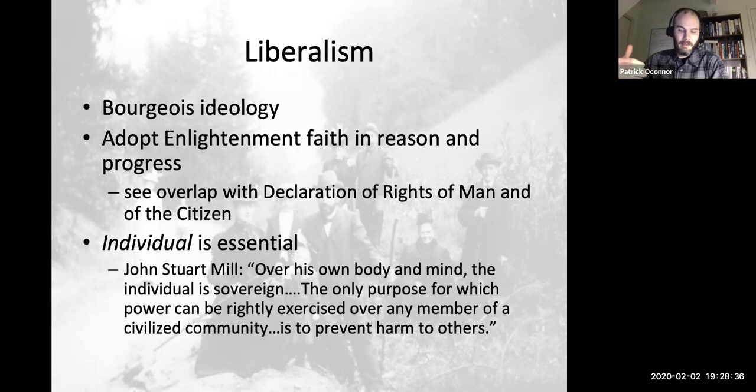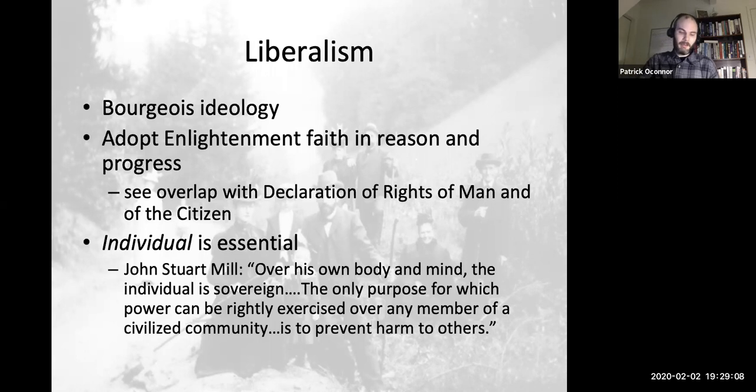As it is, liberals are the ones who sort of perpetuate the ideals of 1789 into the 19th century. So what was liberalism? First, it's primarily a bourgeois ideology. The bourgeoisie, that is the propertied middle classes, are the people who subscribe to liberalism.